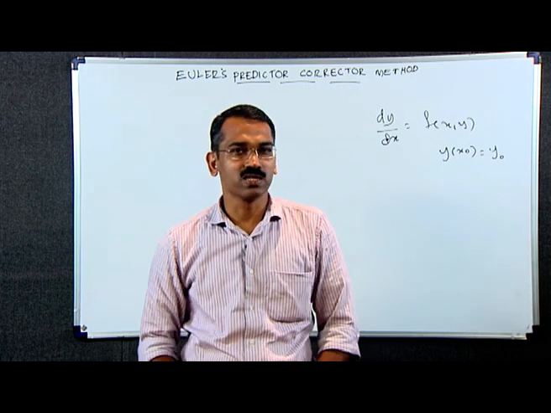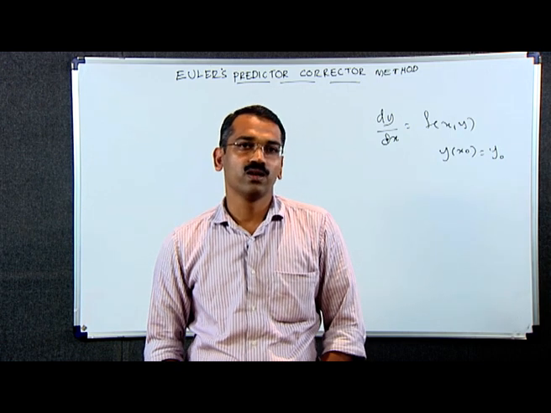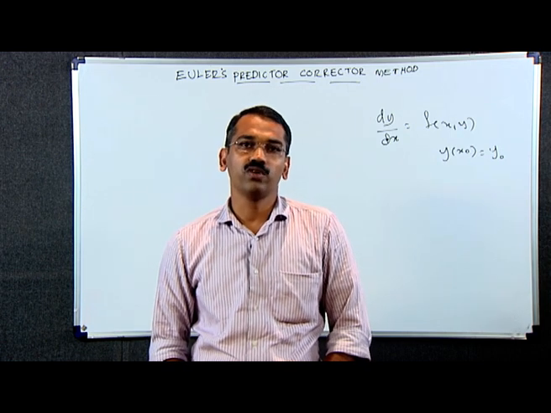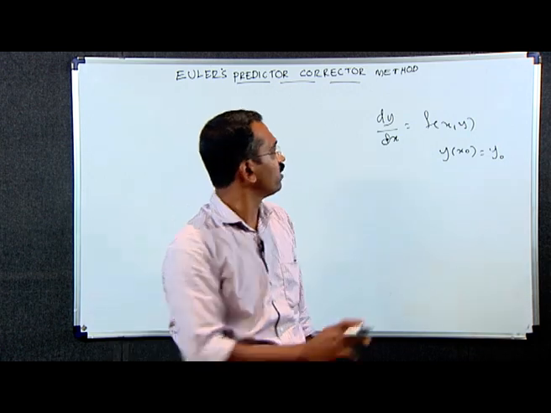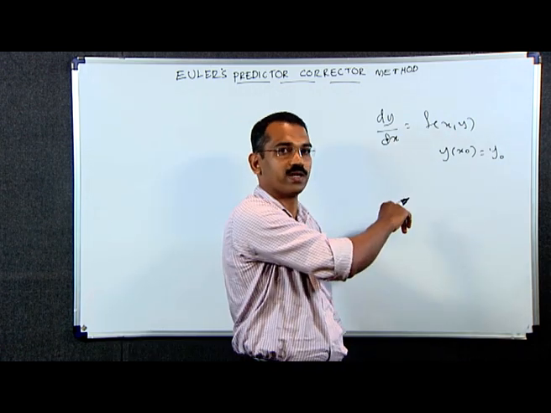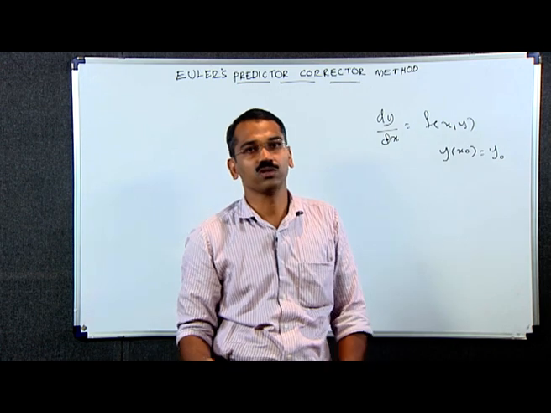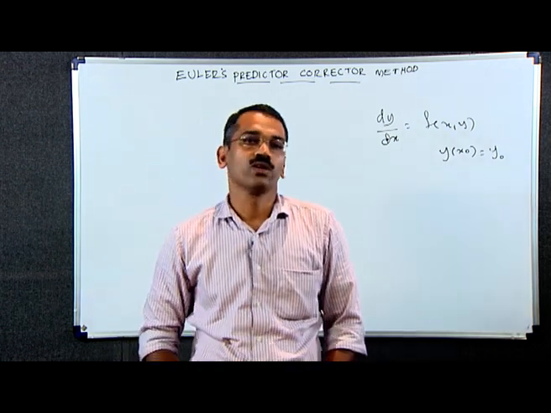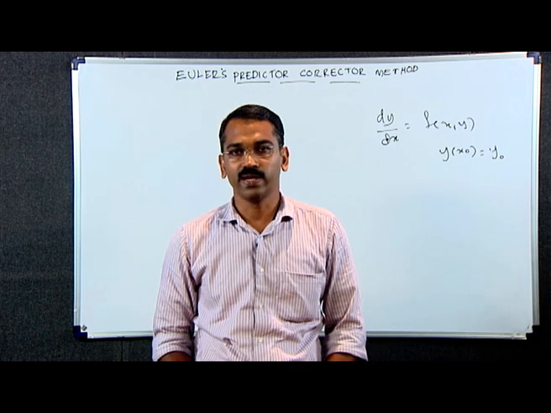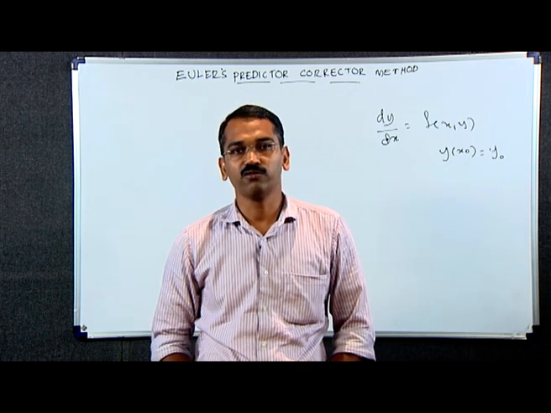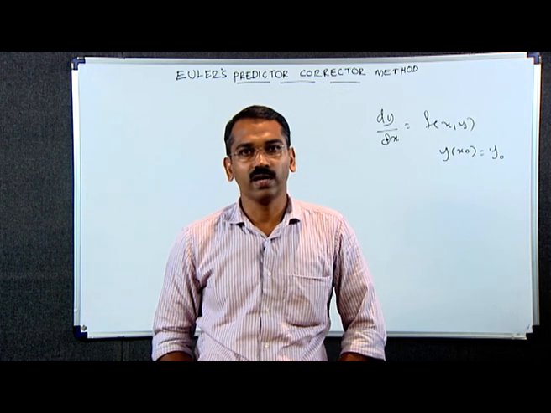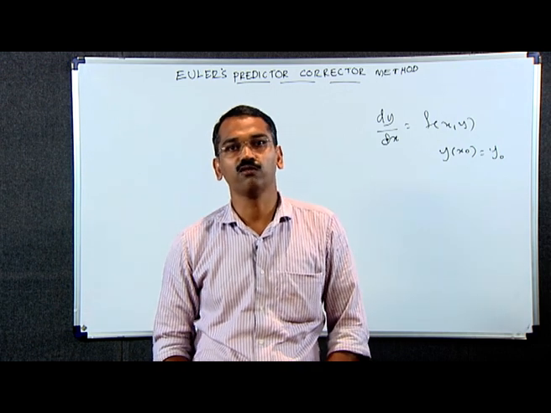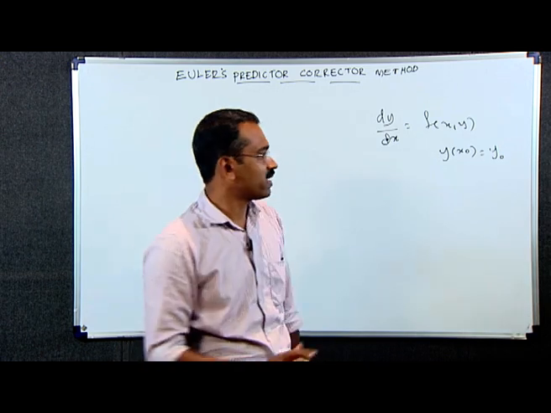type of differential equations. In these methods, we use a pair of formulae to solve the differential equation dy by dx is equal to f of x, y, such that y of x naught is equal to y naught. Using the first of these formulae, called predictor formula, we predict, that is, we compute a crude approximation for the value of y, say yp.